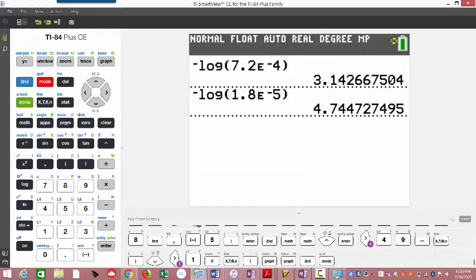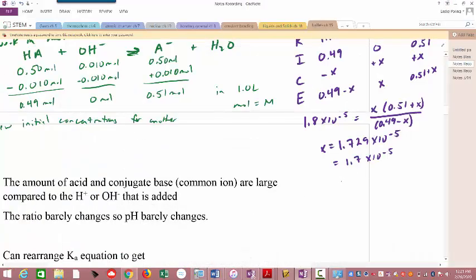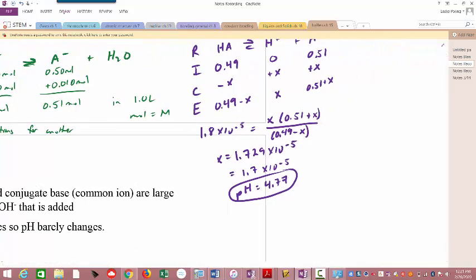Therefore, guess what? Our pH is 4.77. It did not change much.